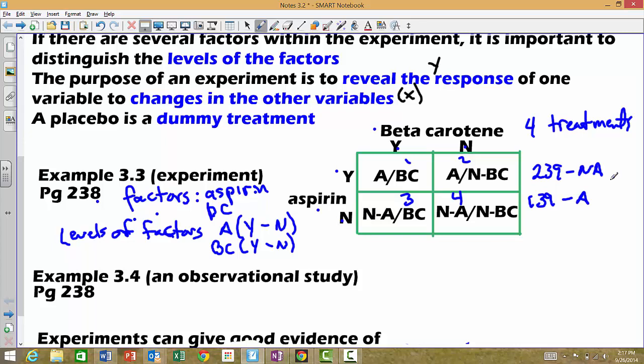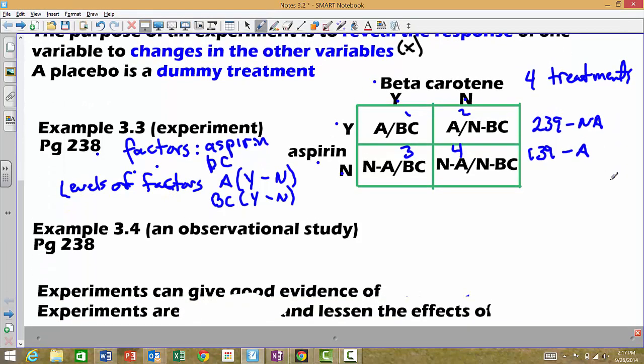So it is a very limited experiment, but it is an experiment, and it definitely has factors, level of factors, and treatments. Now, example 3.4, it's an observational study. There's not much to write here. Somebody was doing a study to see if taking a foreign language course helps your English skills.